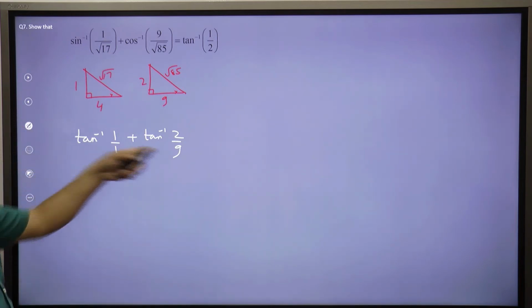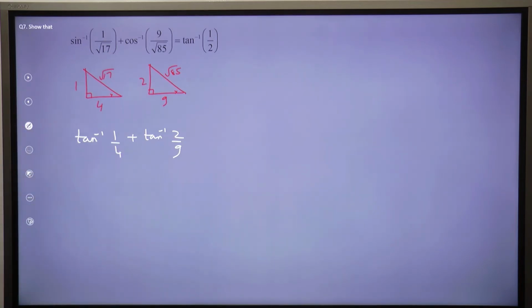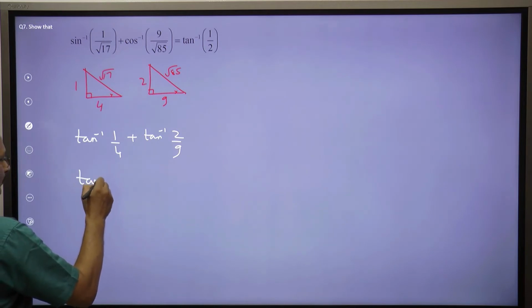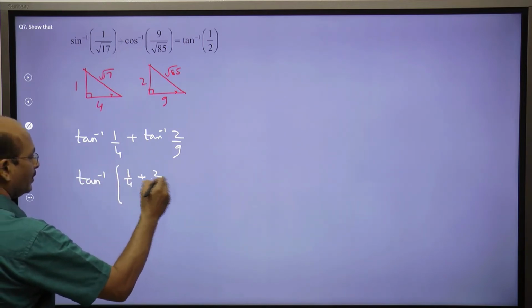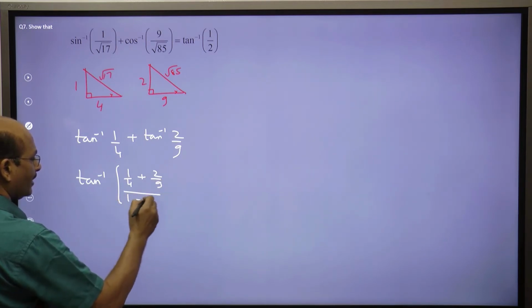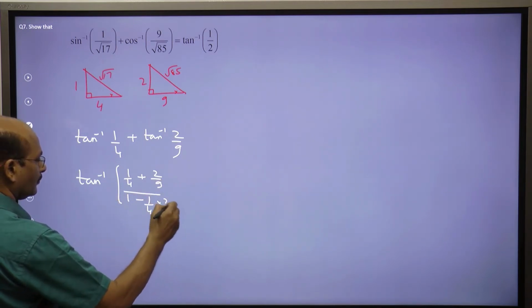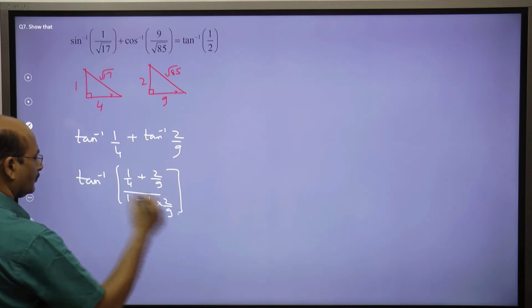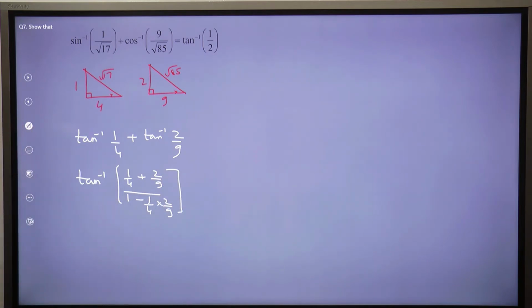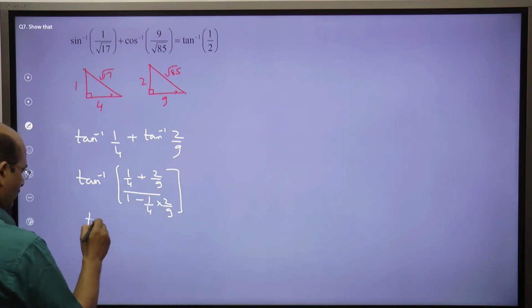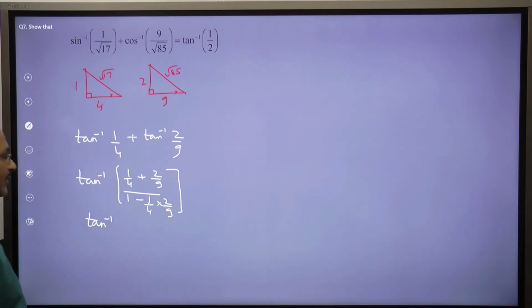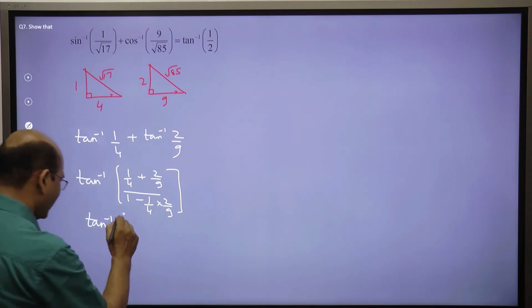Now everybody knows tan inverse x plus tan inverse y. What is tan inverse x plus tan inverse y? It is nothing but tan inverse (x plus y) upon (1 minus xy). I hope you got this point clear. So what happens here is tan inverse, we can solve this out.